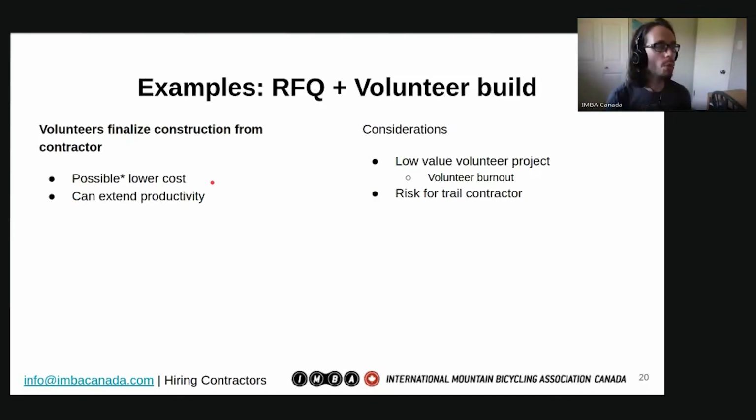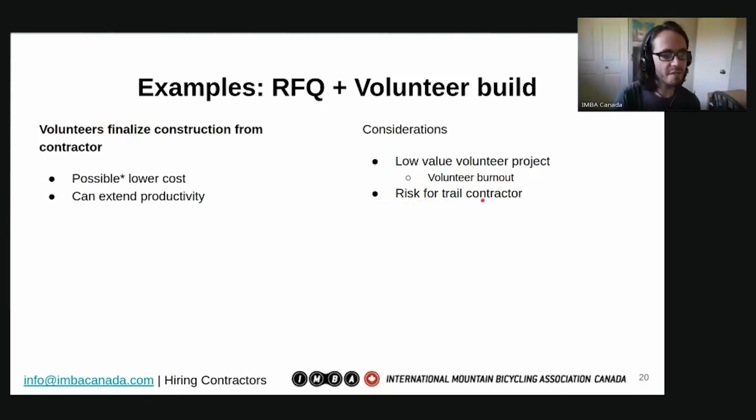Maybe you want to trade the finished product for that trail contractor rough constructing a significantly greater amount of trail. And that might actually bring you a significant decrease, not in the total cost, because that would still be a little higher, but that would be an increase in their productivity. They'll be able to get more trail done.